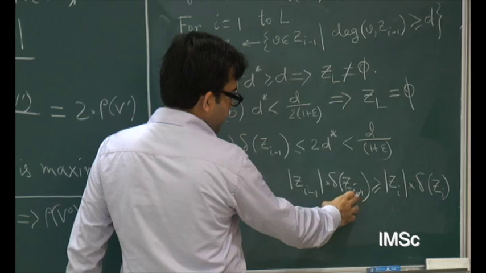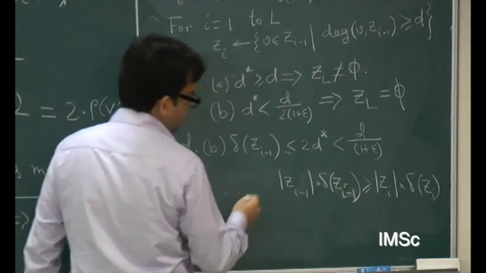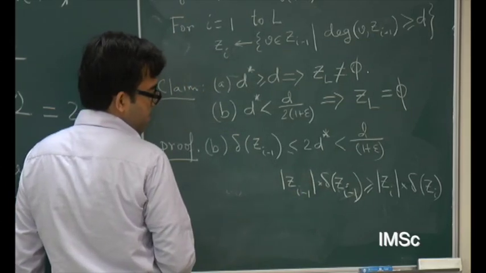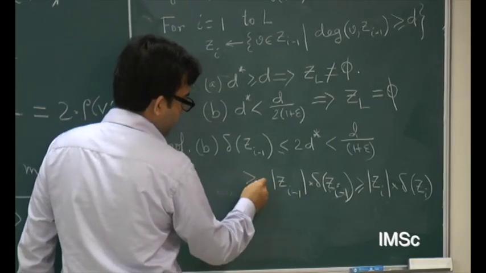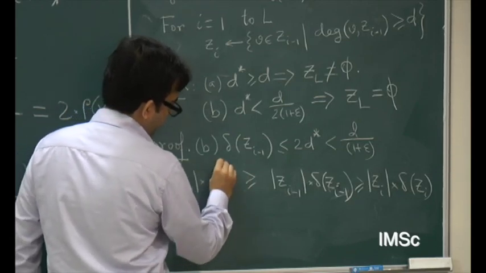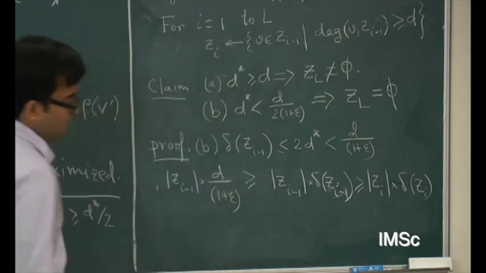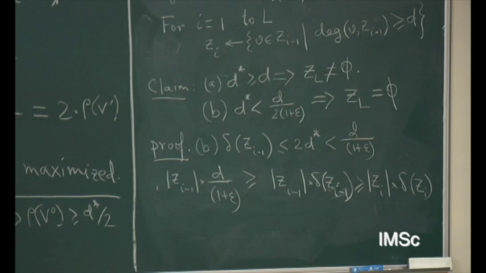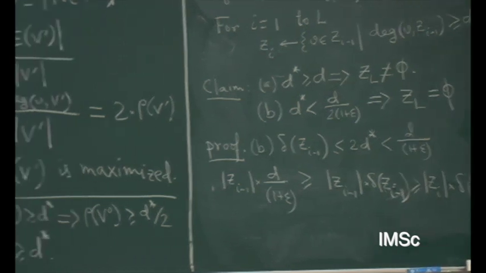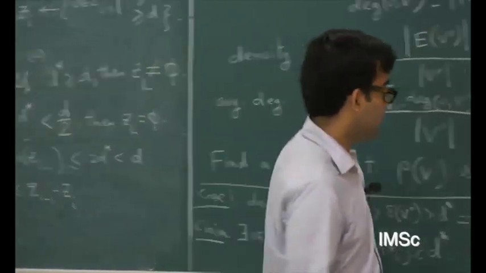Now what is this quantity? We have an upper bound on delta Zi minus 1. What is this upper bound? Oh, the inequality is straight.